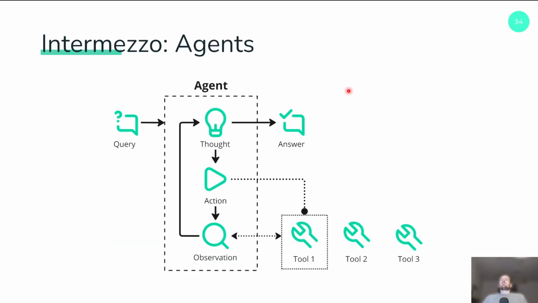Okay, but before I go any further, I need to do a small intermezzo where I talk about agents, because I talked about agents before by giving an example on how you can build your agent in LangChain. But I actually never talked about what this agent is and why people use this.